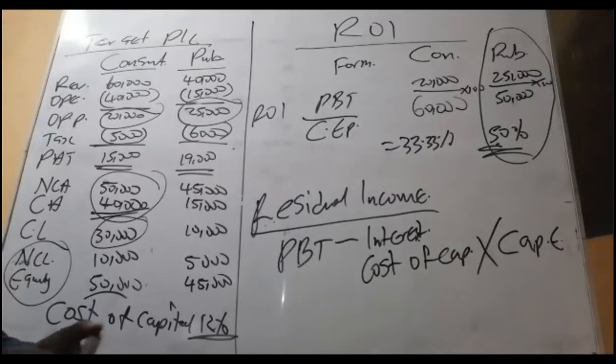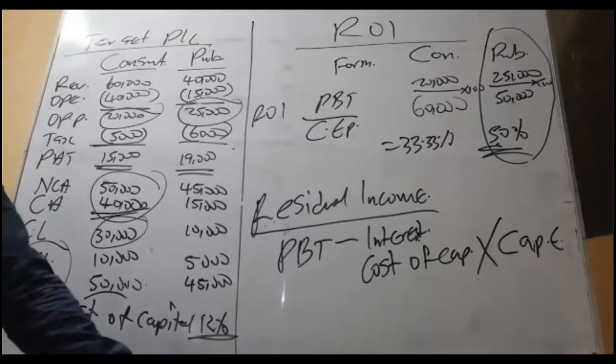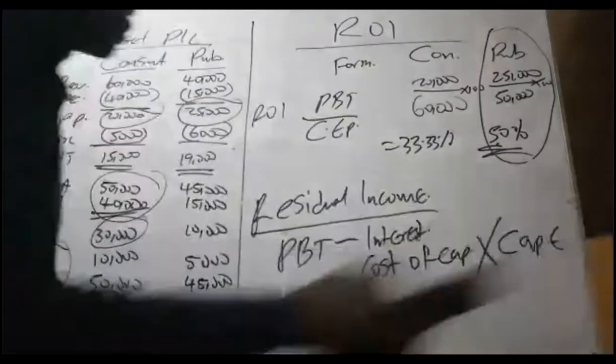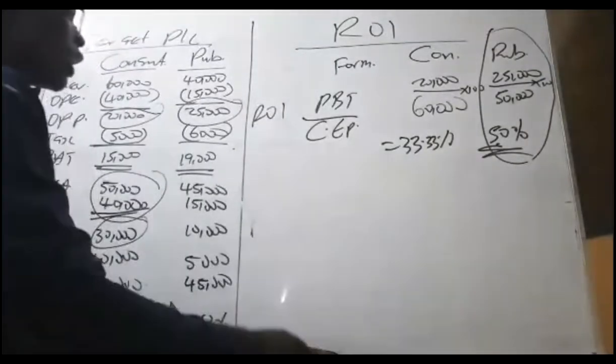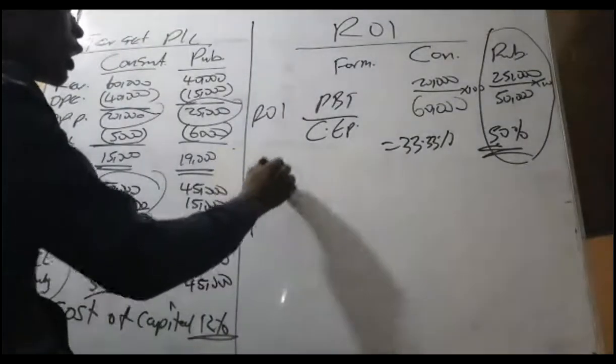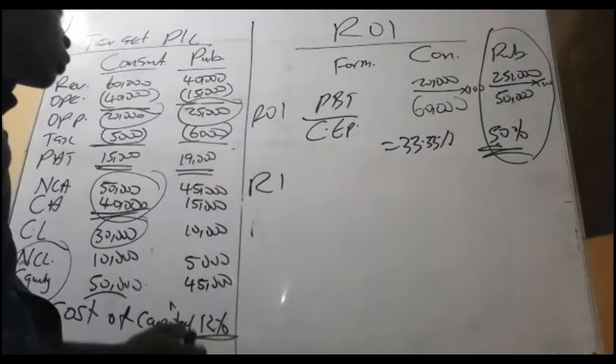So what do we do? We have to now look for the profit before tax. Then we less all this. So let's do that one too here. Residual income. The more I read the formula, the more I remember.